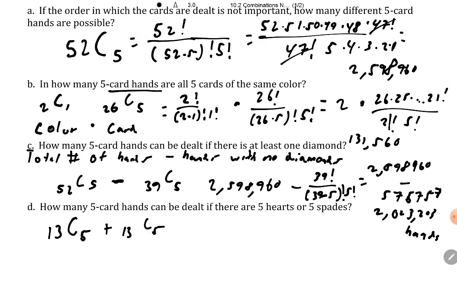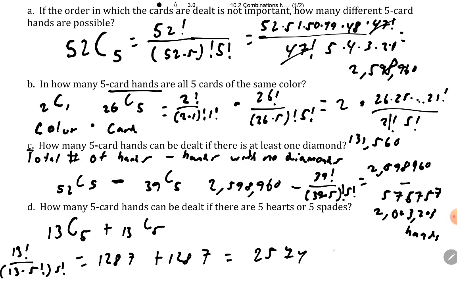So this first one counts for the 5 hearts, and the second one counts for 5 spades. So out of all the 5-card hands, how many of them are 5 hearts or 5 spades? So again, this is 13 factorial over 13 minus 5 factorial times 5 factorial. And this will equal 1287. So 1287 times 2, or 1287 plus 1287, is 2,574 hands.